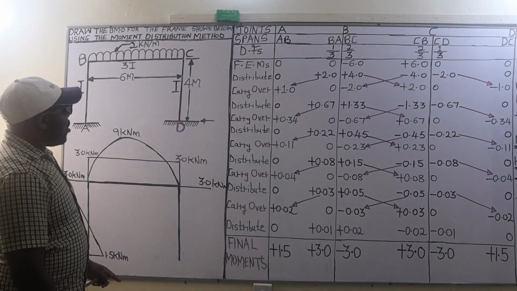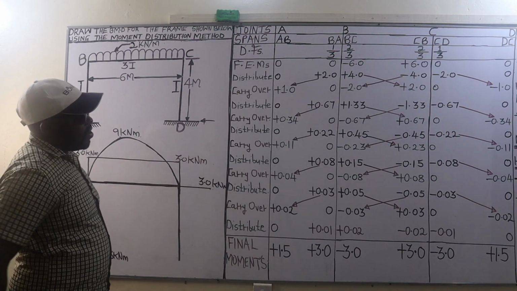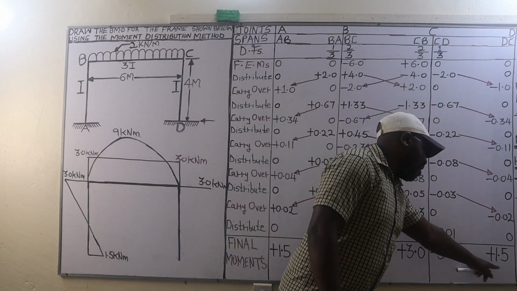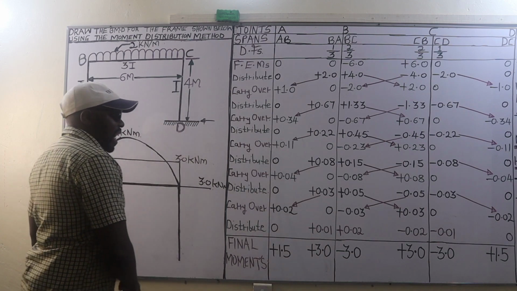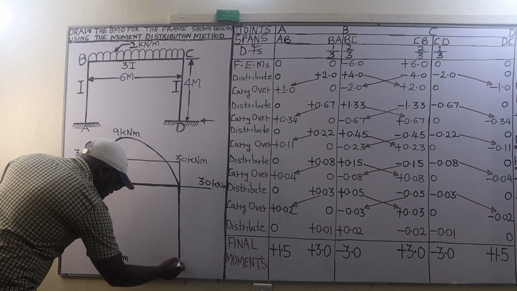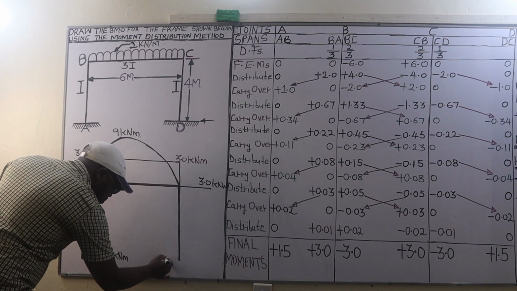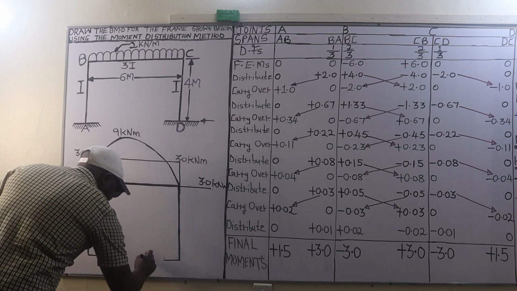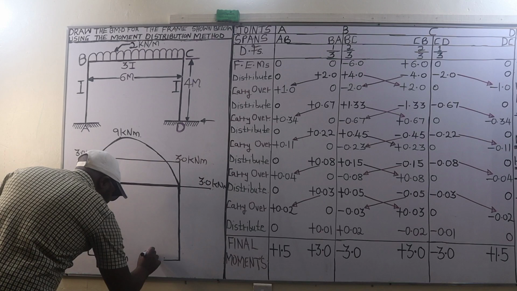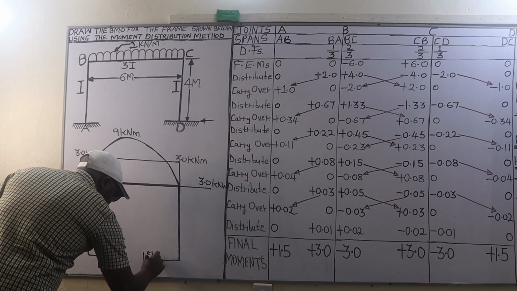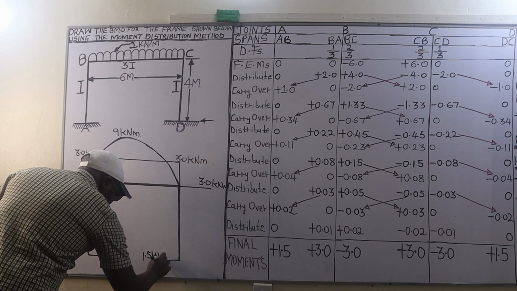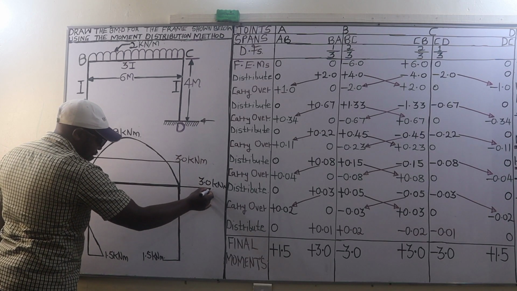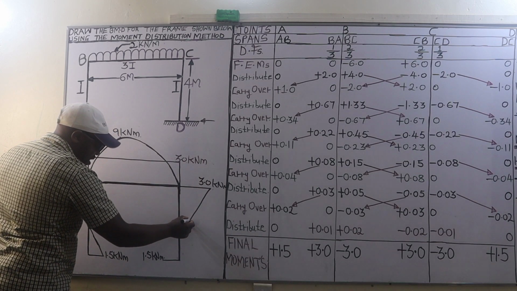Then on joint D, member DC, we got positive 1.5 kilonewton meters. So positive 1.5, about that point. So we join that there, and then we write there 1.5 kNm. And then we join the 3.0 kilonewton meters to the 1.5 kilonewton meters down there.